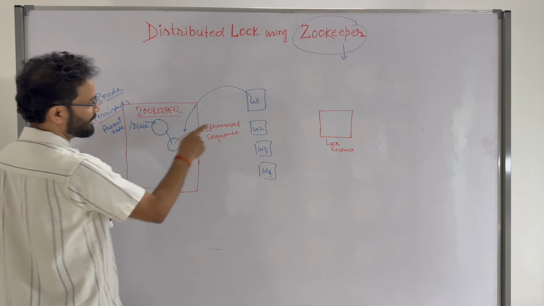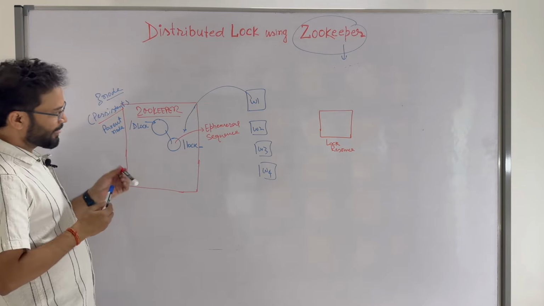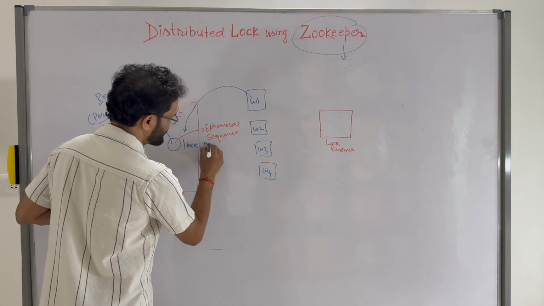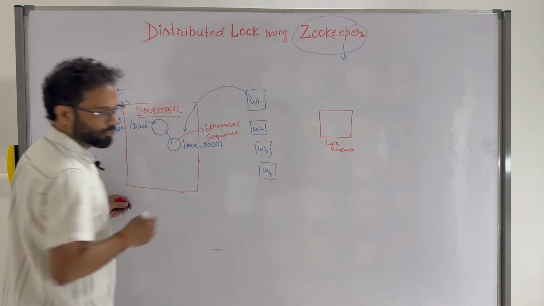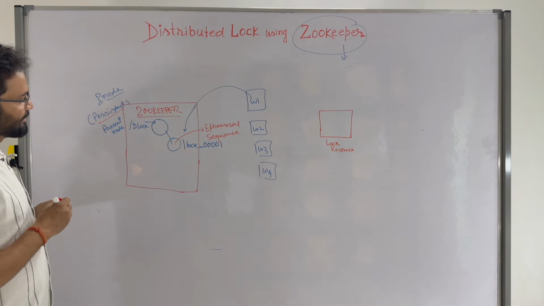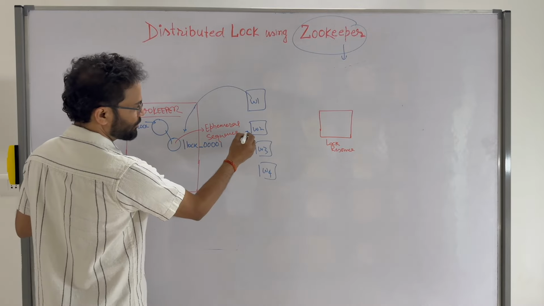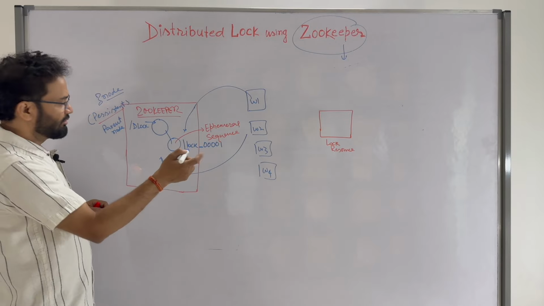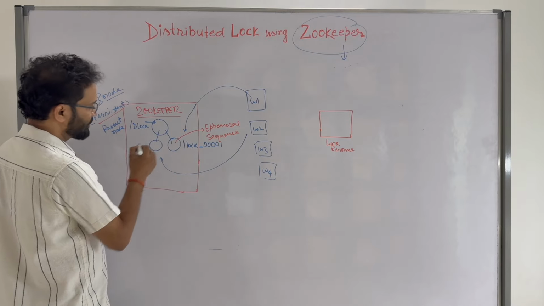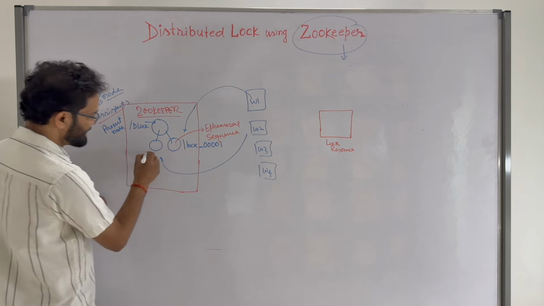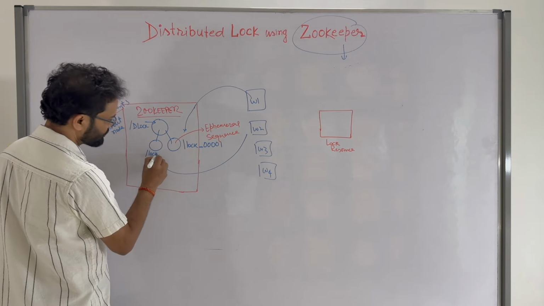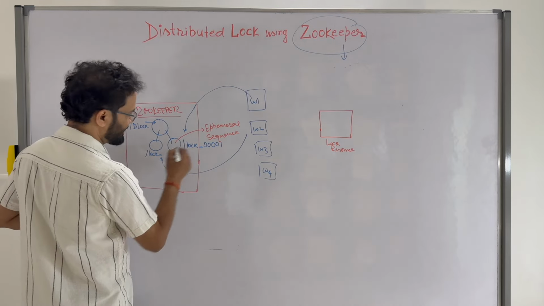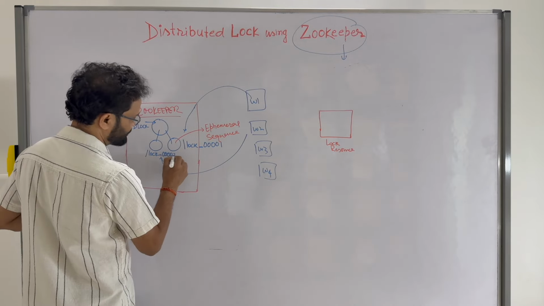When you make a sequence node, if you have given the name lock, Zookeeper will append some values, 1, 2, some number, right? Then another node appears at the same time, and it also wants the lock. So it creates a child node with the same name hyphen, and Zookeeper will again append a continuous number.